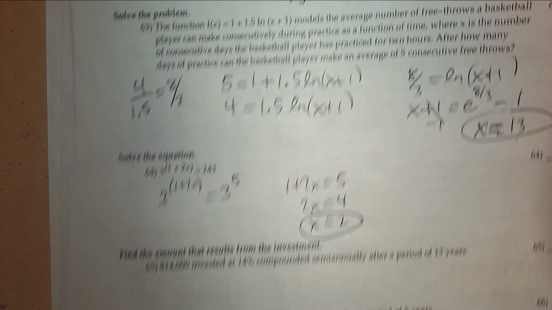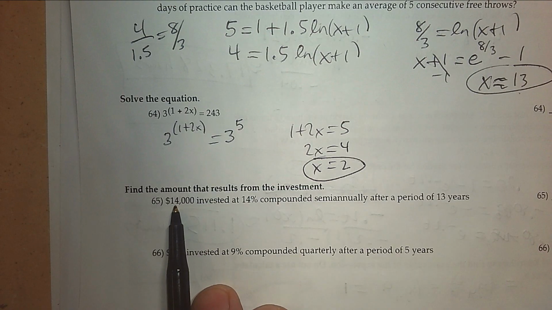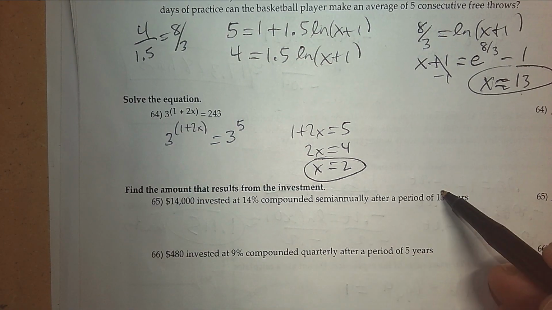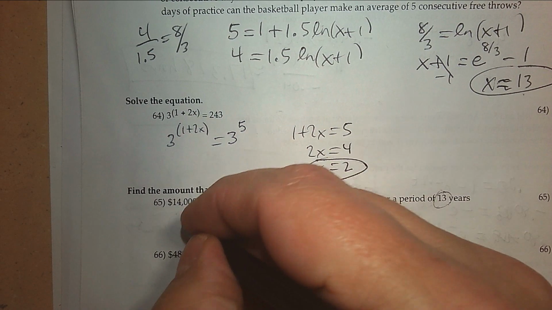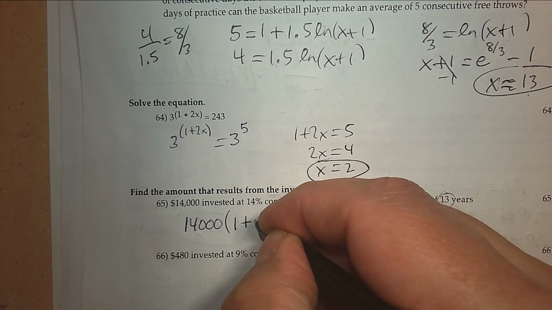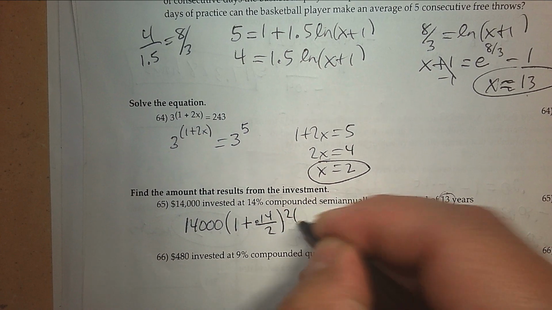All right, some stories to do with growth and decay. $14,000 is invested at 14% compounded semi-annually after a period of 13 years. How much do you get after that? So the formula is 14,000 P, then it's 1 plus the interest rate divided by semi-annually, 2 times a year, and that's for 13 years.